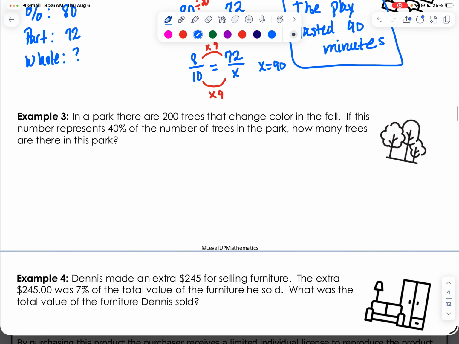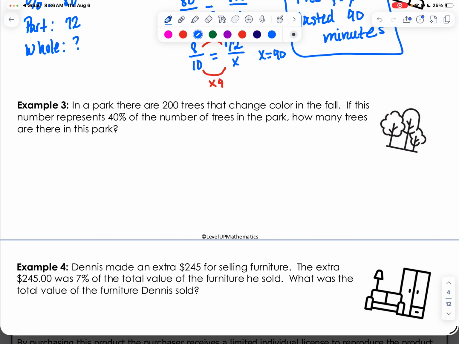All right. Example 3. In a park, there are 200 trees that change color in the fall. If this number represents 40% of the number of trees in the park, how many trees are in this park? So let's identify our percent, our part, and our whole.